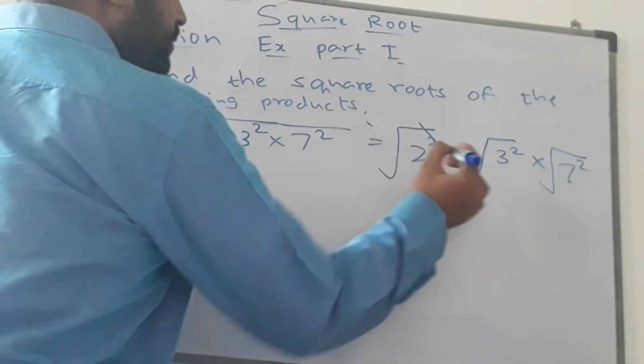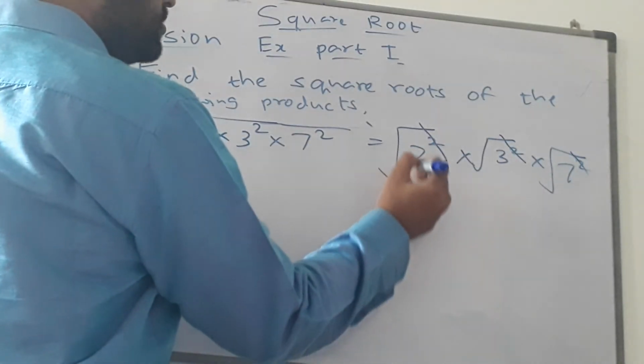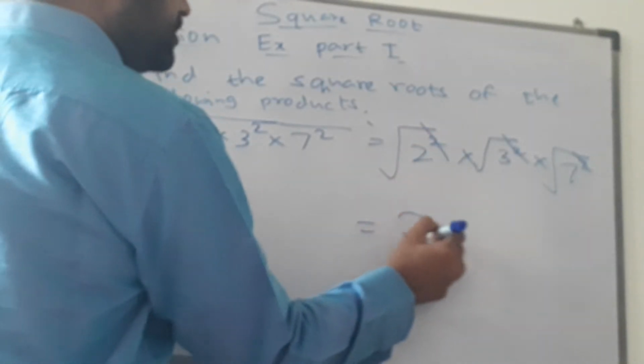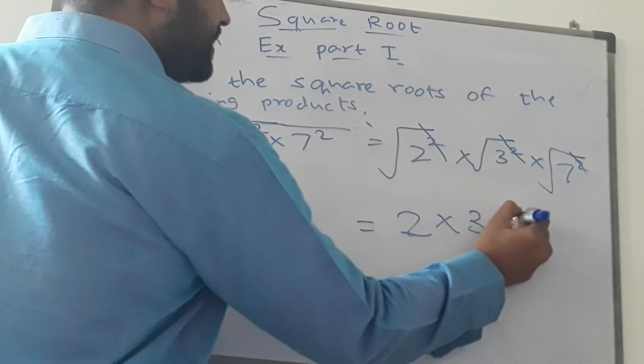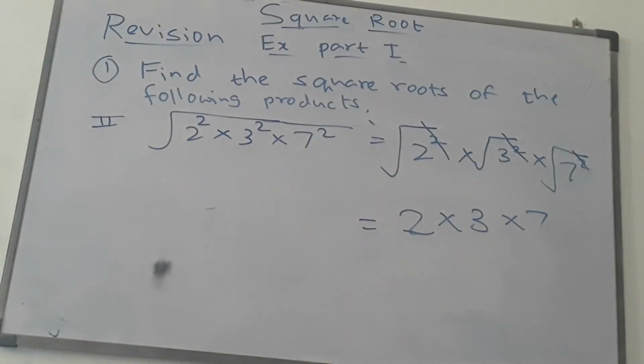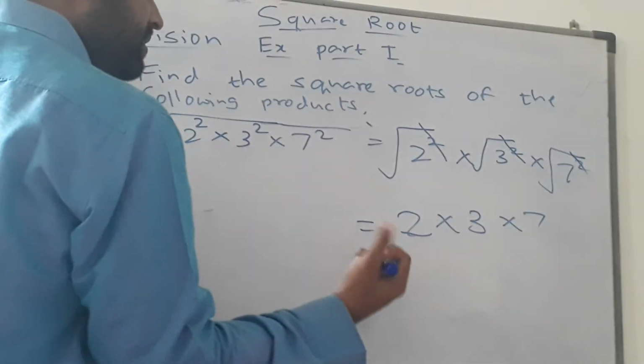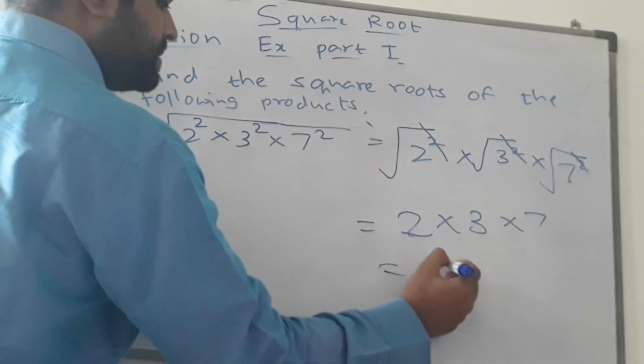Root and 2 square cancel. Here also it gets cancelled. So what happened is this is 2 times 3 times 7. Okay, root and square get cancelled, not once but all the way. So it will be 2 times 3 times 7. 2 times 3 is 6, 6 times 7 is 42.